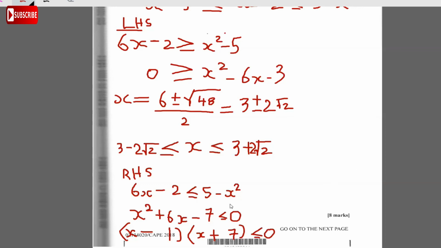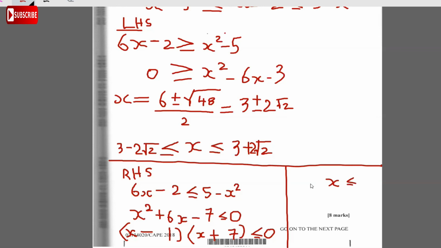So from the right-hand side, what I'm getting is x is between 1 and minus 7.